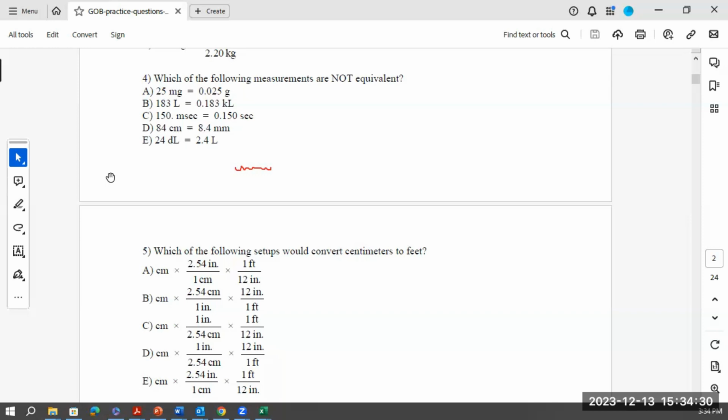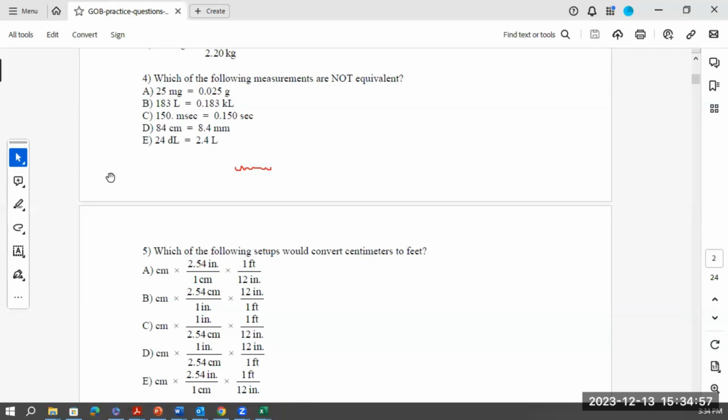So that's true. Okay. So that one's okay. What about B? What do you guys think about B? We have 183 liters is equal to 183 kiloliter. Is that true? Sounds right. Okay. So that one looks good too.